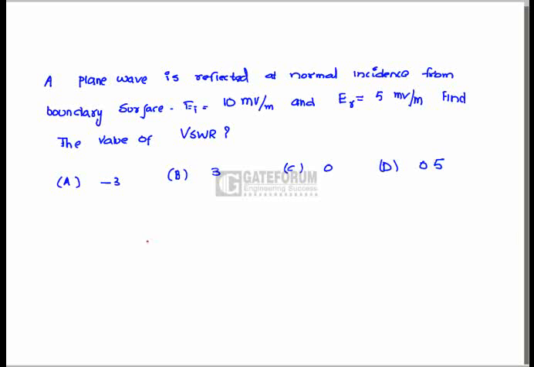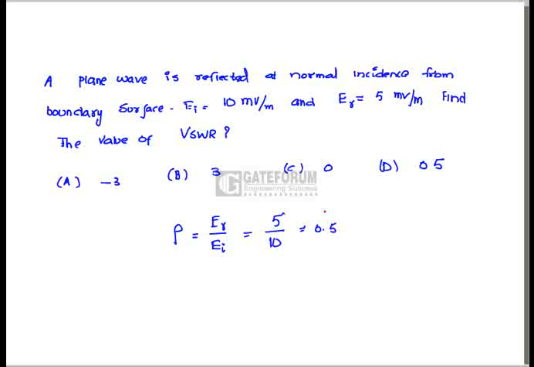Here we have to find VSWR, which means voltage standing wave ratio. In order to find the voltage standing wave ratio, we need to know the reflection coefficient. In the above problem, we have the incident electric field strength as well as the reflected electric field strength. So the reflection coefficient is given as ER by EI, which is 5 by 10 equals 0.5.